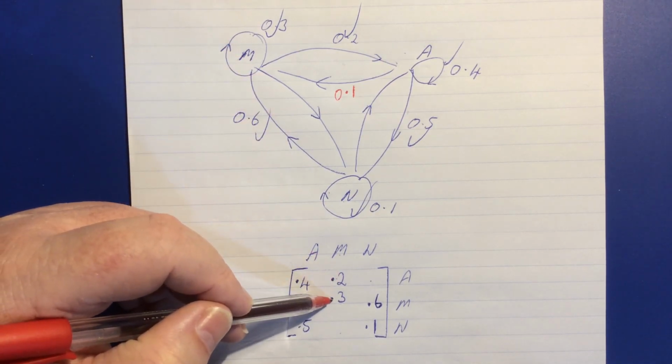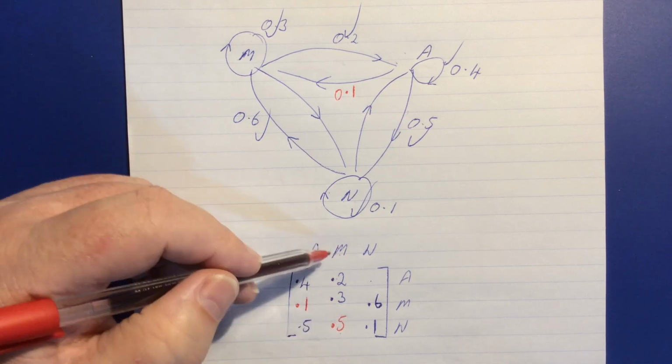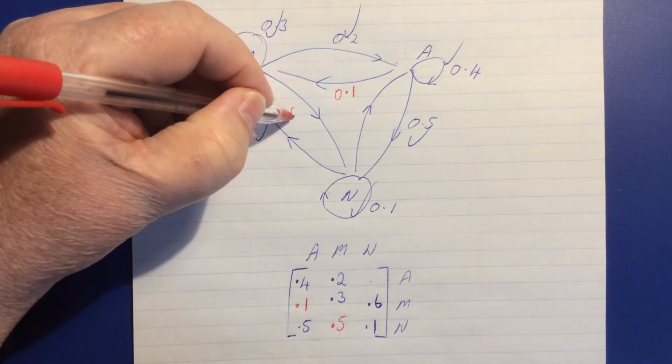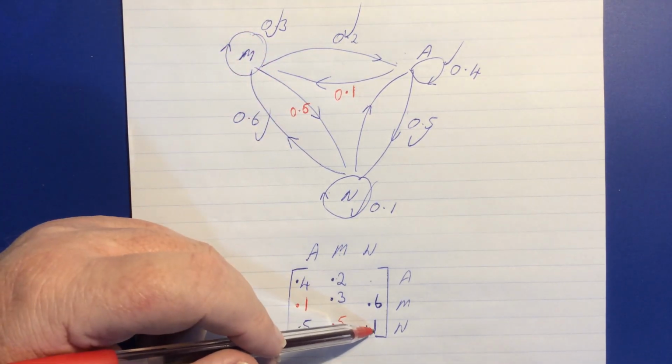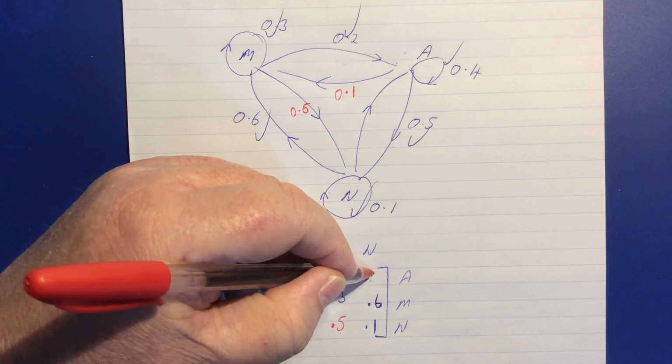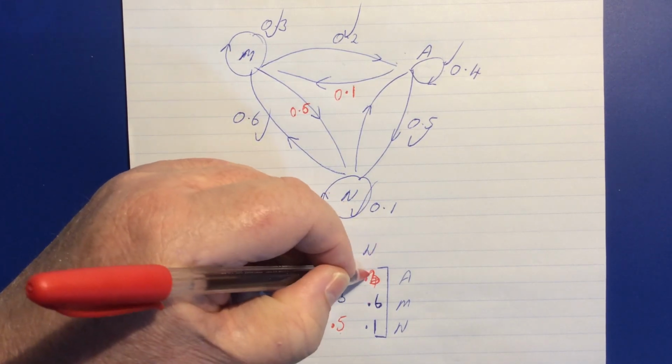0.2 and 0.3 leaves us with 0.5. So M to N is 0.5. And our last one here is 0.4. 0.3. Can't do maths.